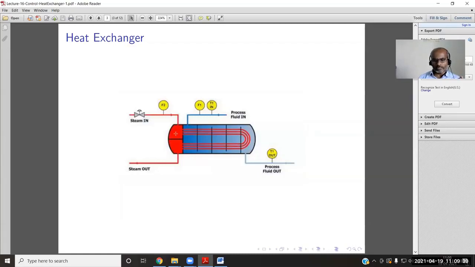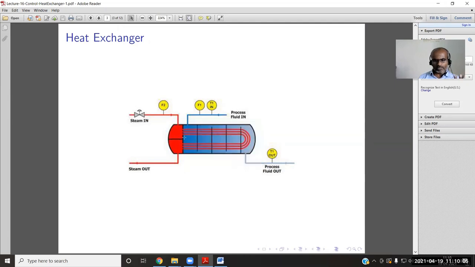And the disturbances entering the process could be, say, what are the disturbances? Say the feed flow can change, which means F1 can change, and even T1 can change, and what else could change? The inlet pressure in the case of any gaseous fluid can change, and even the ambient temperature may also affect the process.